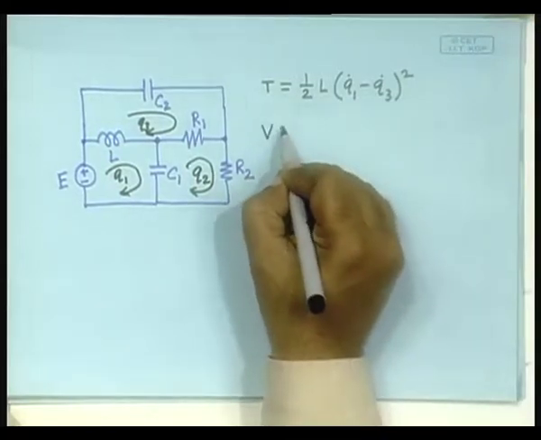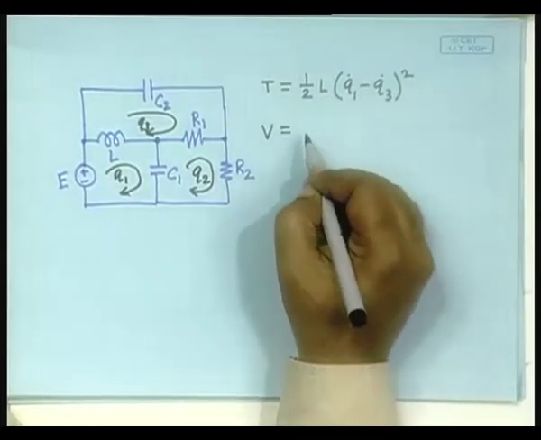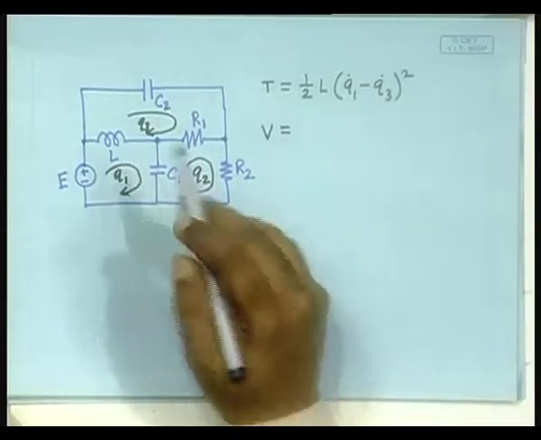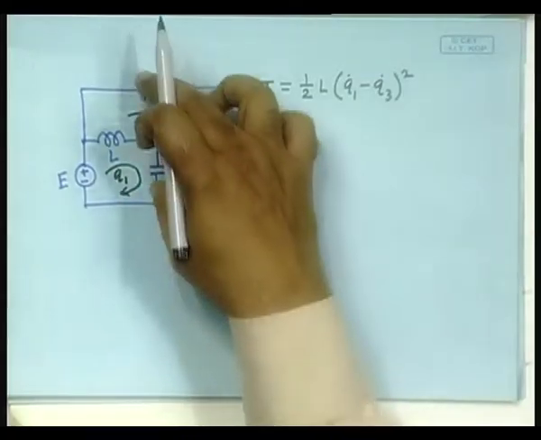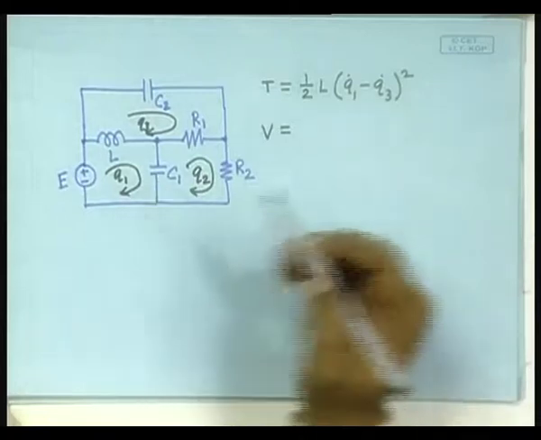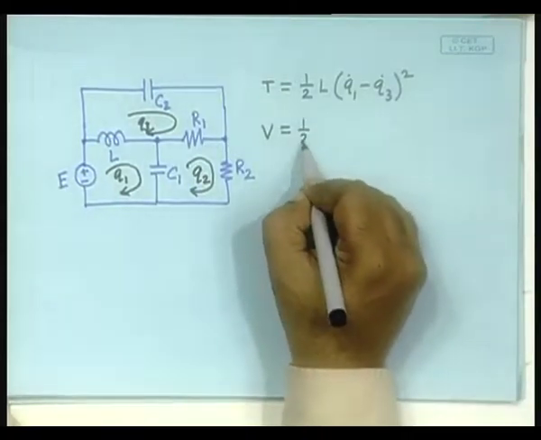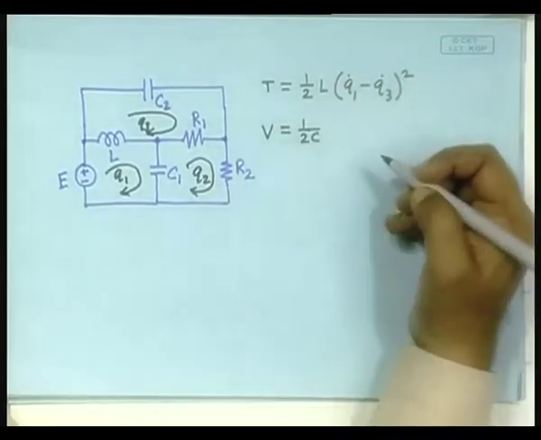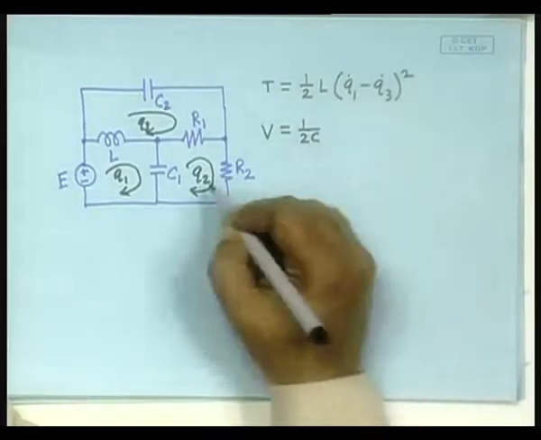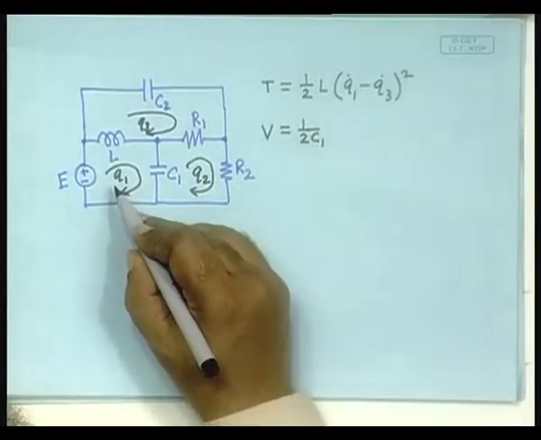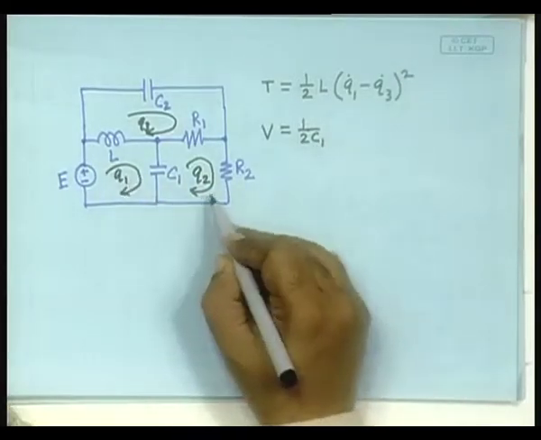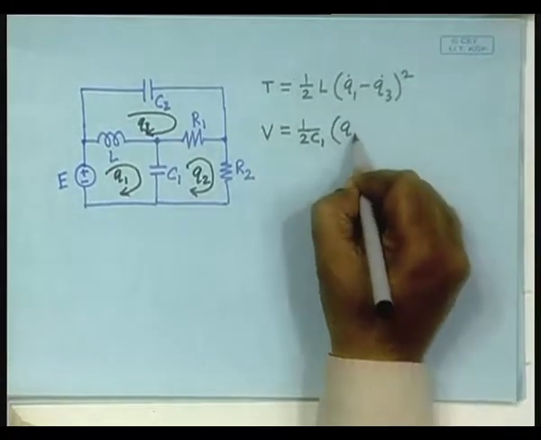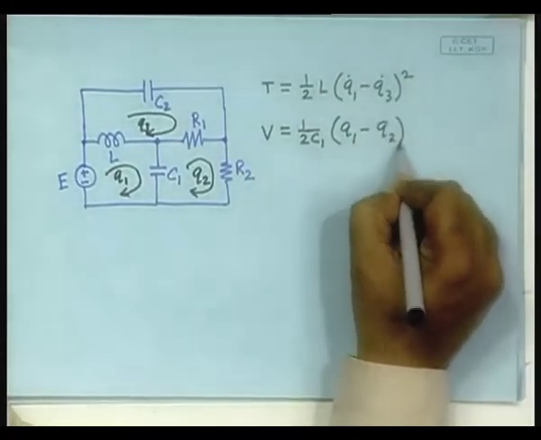The potential energy is the energy stored in the 2 capacitors. Let us take this one first. It will be 1 by 2C, C is in the denominator, this is C1. The charge flowing is Q1 minus Q2, so (Q1 minus Q2) square.